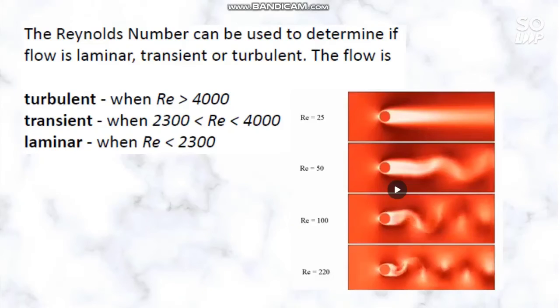As you can see from the video, when the Reynolds number is small, the flow is straight and smooth. But when the Reynolds number becomes higher and higher, the flow becomes more turbulent and distorted.